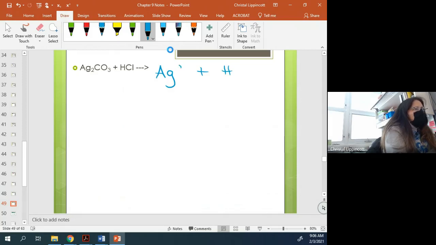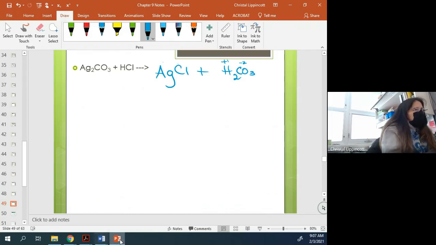My chlorine is going to go over with my silver, and my hydrogen is going to go together with my carbonate. And then we need to balance this formula. So how many hydrogens am I going to need here? 2. Okay. Here, this is a +1, -1, so we're good.